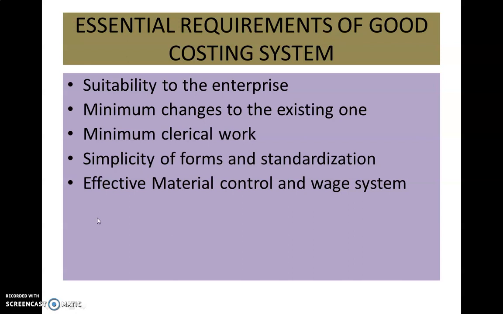A systematic method of wage system will help in control of labor costs, and a systematic method of material system will help in controlling the material cost. Since material and labor costs consume more, an efficient system of control on these aspects is more required.